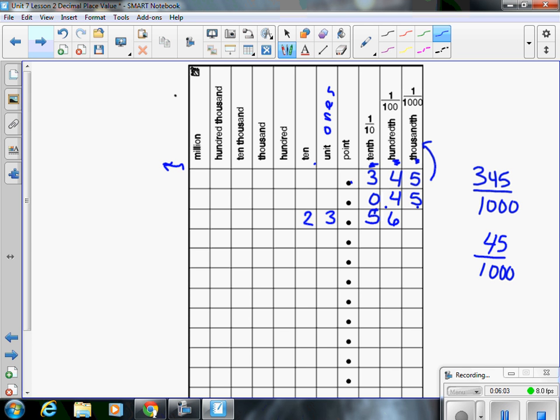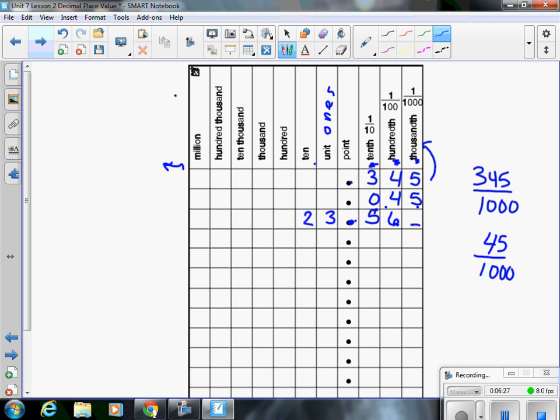So we would say 23, and then when we see this decimal point, we say and. Instead of 23 point, we say 23 and 56 hundredths. If we look up above, it says hundredths. There are no thousandths. 23 and 56 hundredths. Say that to yourself.